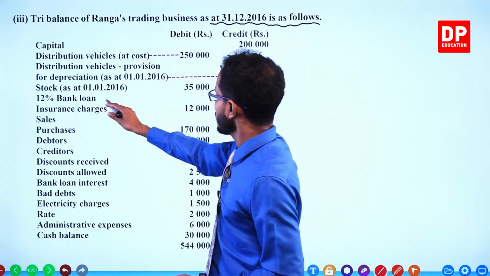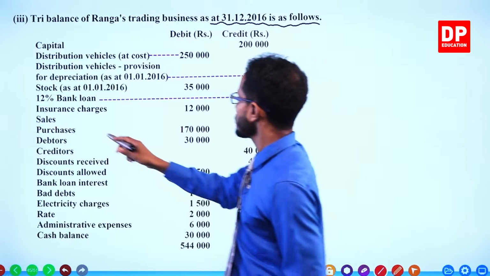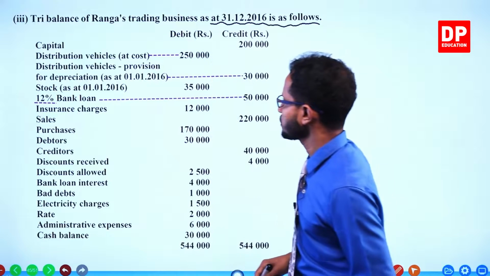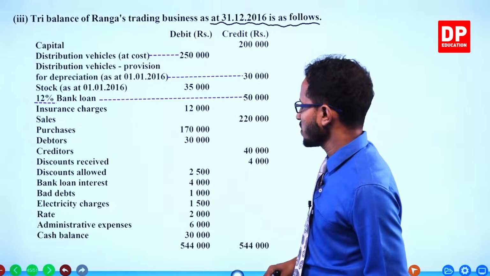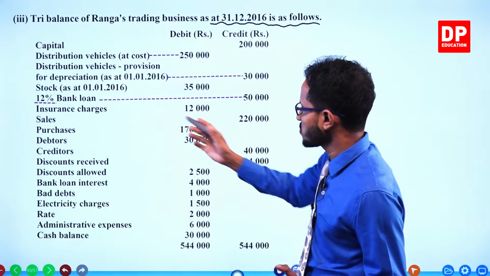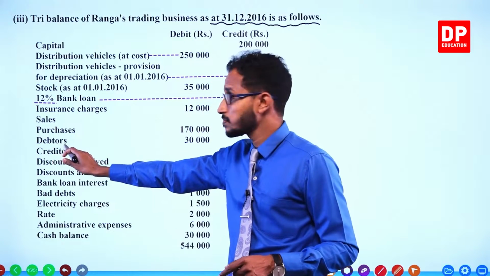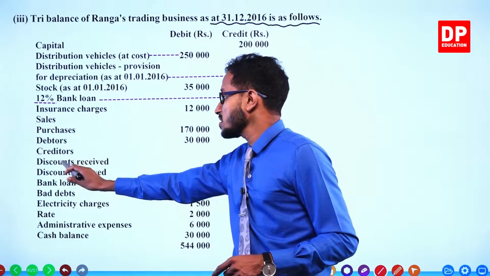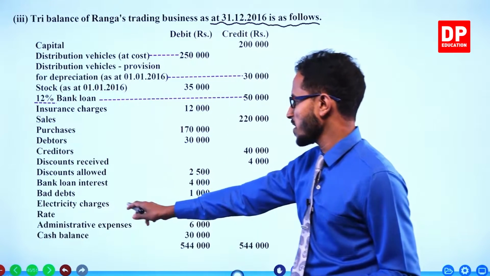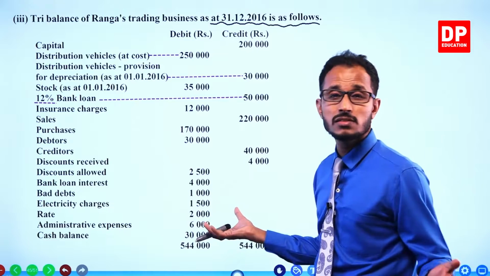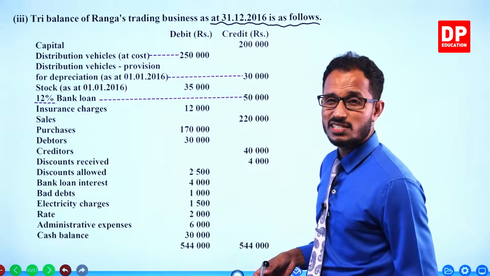The bank loan has a 12% interest rate. 12%. Notice. Other things are the same. No insurance charges, expenses, sales, purchases, debtors and creditors. Discounts received, discounts allowed, bank loan interest, bad debts, electricity charges, rates, and administrative expenses, and so on and so forth. The usual expenses and incomes.